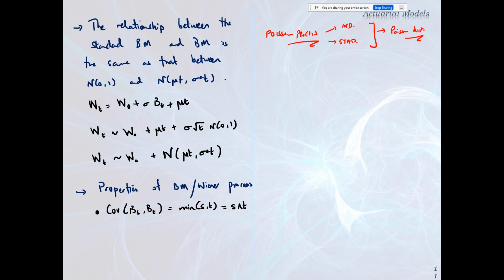So in our case, the Brownian motion is also independent and stationary, but the distribution is a normal distribution here. So let us see how we do this, the covariance of BS and BT.